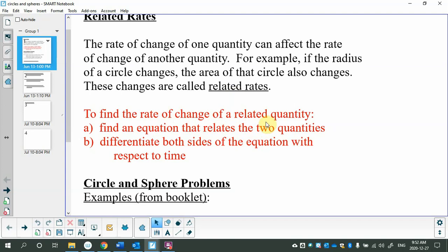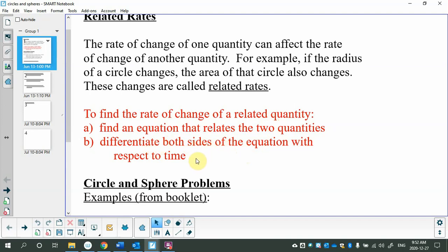If I give you in class the success criteria sheet, it will have all the formulas that you need on it for this unit. So I will try to remember to attach that to the Google site. You need to find the equation, and then you need to differentiate. So take the derivative, go figure, it's calculus, of both sides of the equation with respect to time.